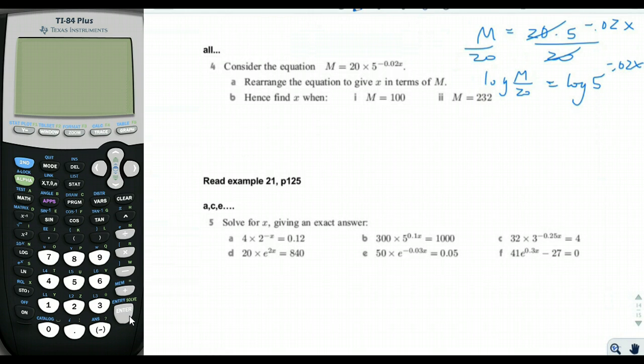And then we're going to take the left side, we're going to leave log of m over 20. And then we're going to put negative 0.02x times the log of 5. And then we divide both sides by negative 0.02 times the log of 5.